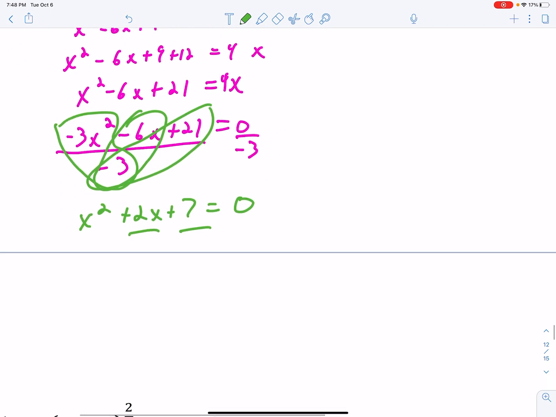Okay, should be okay. So then what you would have to do is plug into your quadratic equation and solve.